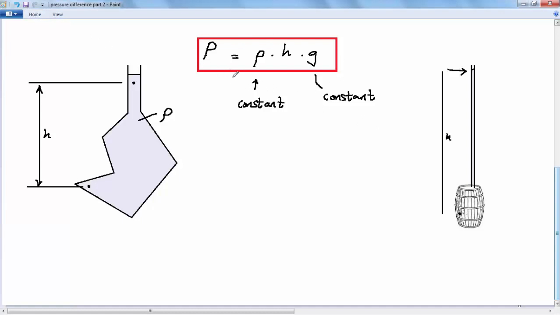That's what this formula really states. The density of the water and the acceleration due to gravity are constant. The pressure only depends on the height difference between these 2 points. So if you've got a tube long enough, then you can produce an absolutely enormous pressure in this barrel, which is just what he did, and the barrel eventually exploded, which must have been quite fun to watch.